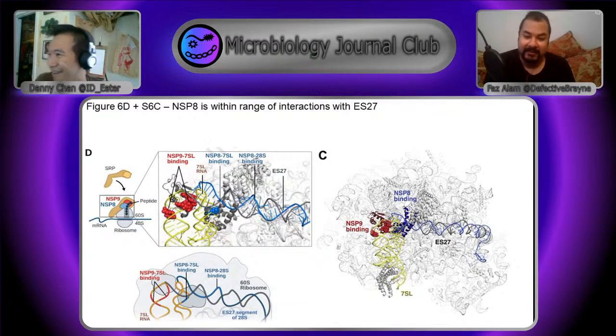So it's the gray ES27 line that goes all the way around, and you can see the brown 7SL comes into contact there.